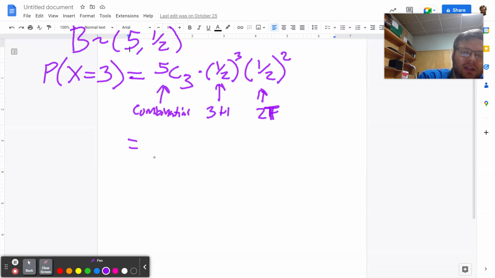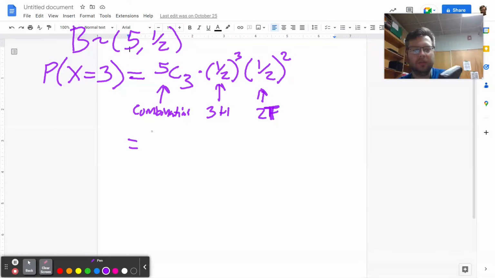And if you calculate that out, you can just type all that in to your calculator right here. The combinations are in your probability menu. So if you hit the math button on the side, there's a probability menu that you can select.